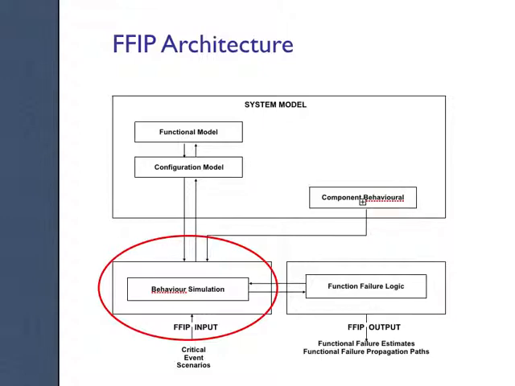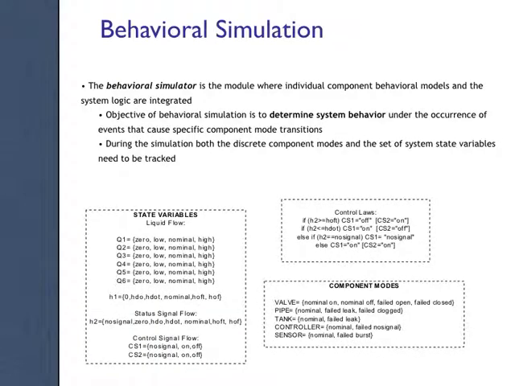So the next element of this framework or methodology is the behavior simulation portion, which is going to use all of the system model information we've already discussed. Okay, the behavioral simulator is essentially the model where the individual component behavior models and system logic are all integrated together.